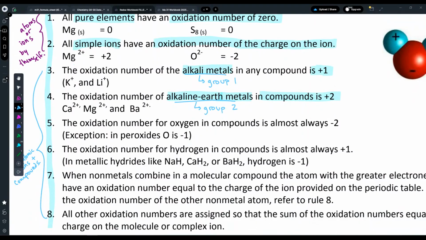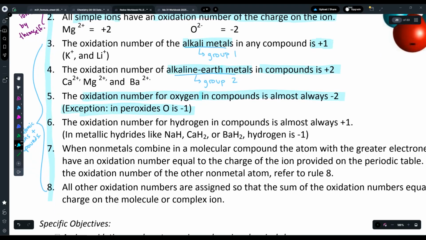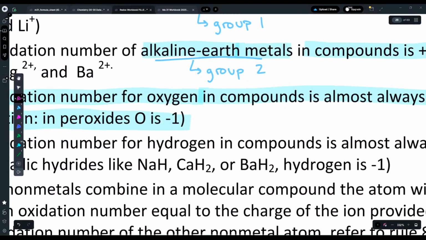Rule number 5, the oxidation number for oxygen in compounds is almost always -2, but there are exceptions, like in peroxides, where oxygen is going to have an oxidation number of -1. An example of a very common peroxide would be hydrogen peroxide.